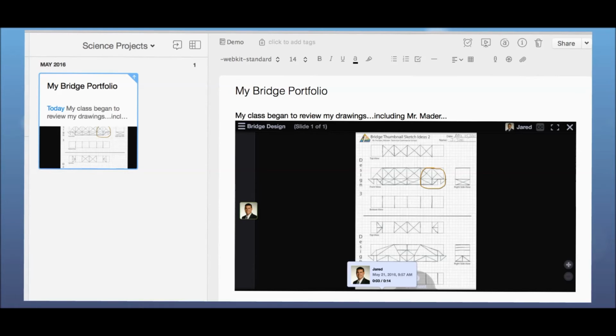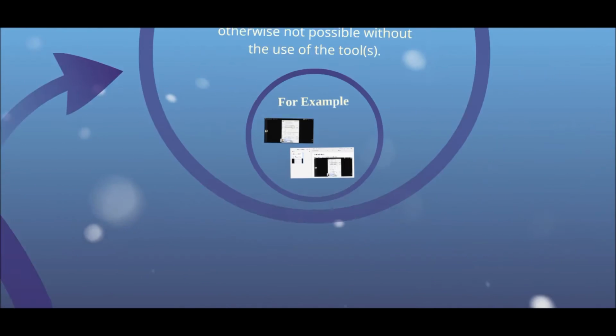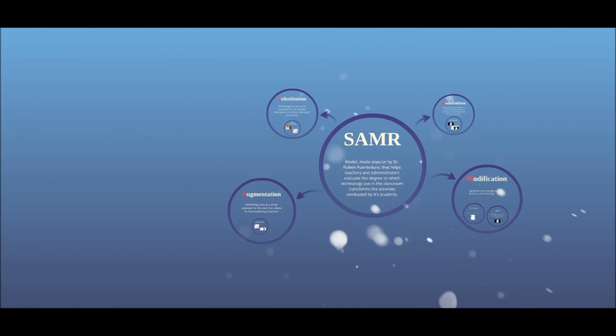So you can see how without an online portfolio tool or a note tool like Evernote or Notability, students would never have been able to collect and gather all of the media elements. So along the way, students might take pictures, take video of the work that they're doing in building this bridge and make it so that they're able to actually show in one big picture what it is that they've learned along the way.